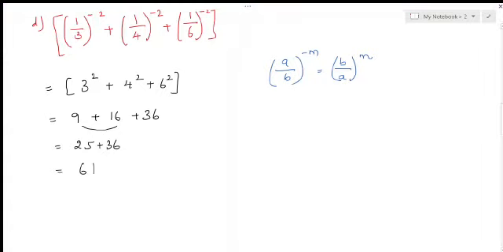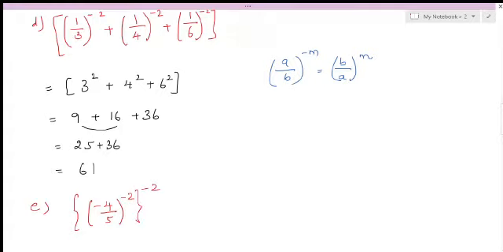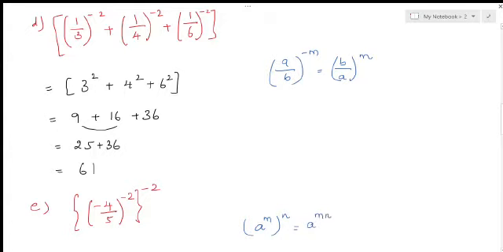Let us see E sum. Your E sum is (minus 4 by 5) whole power minus 2, raised to the power of minus 2. So here we are going to use (a power m) whole power n equals a power m into n.